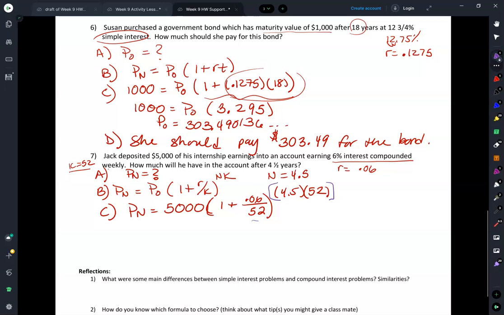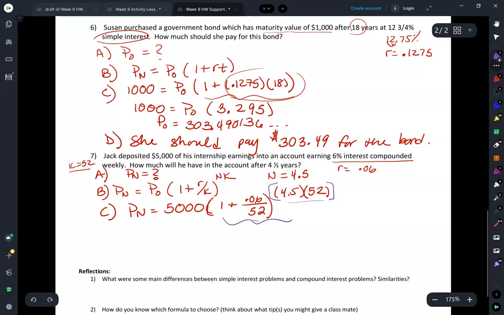You should get 0.001153, and so on and so forth, and then add 1. Don't forget to do that because that'll mess everything up. You'll get some weird numbers. Then I'm going to raise that to the exponent, parentheses 4.5 times 52, and hit enter.